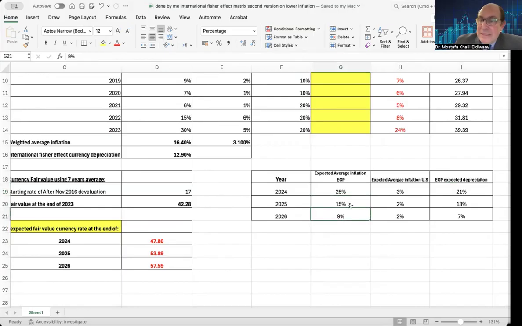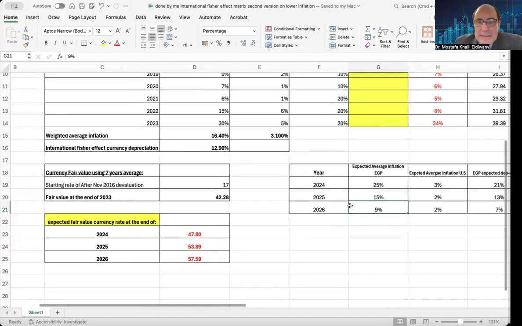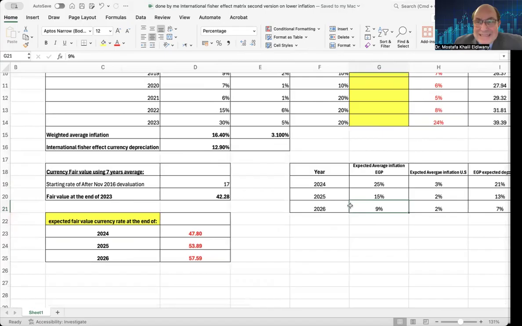But now we are at the end of November 2024. The inflation rate in Egypt didn't go lower as fast as we thought. Up till now, it's in the range of 27.